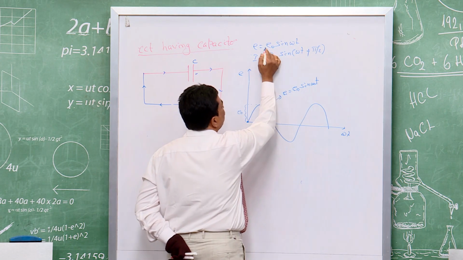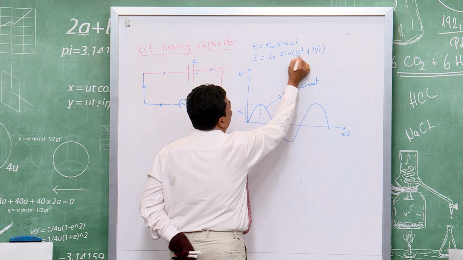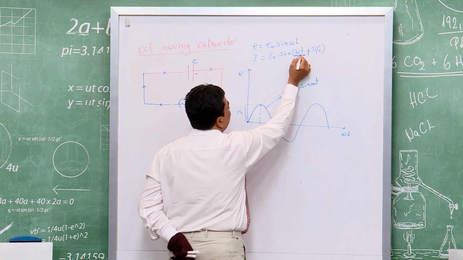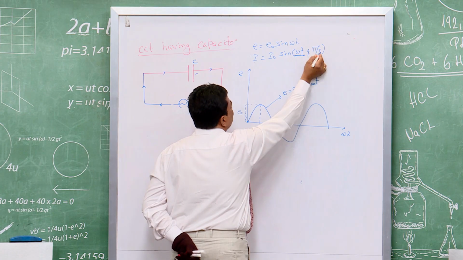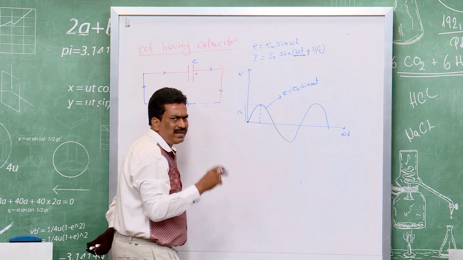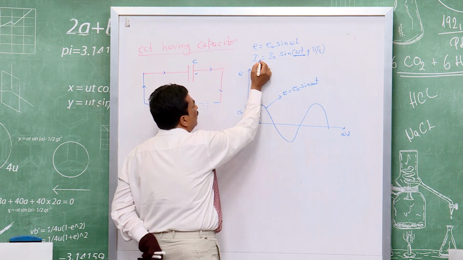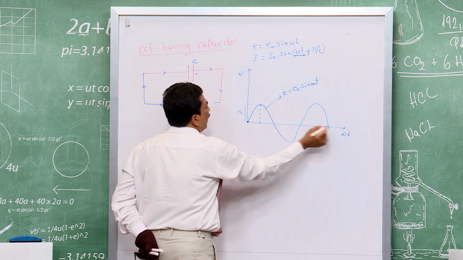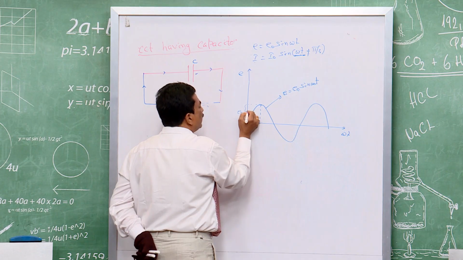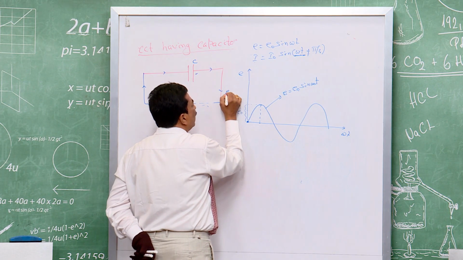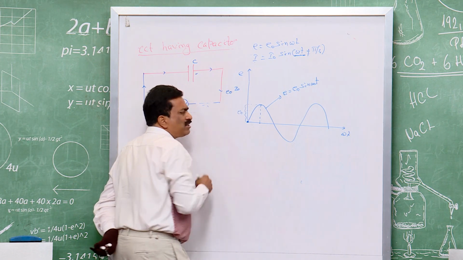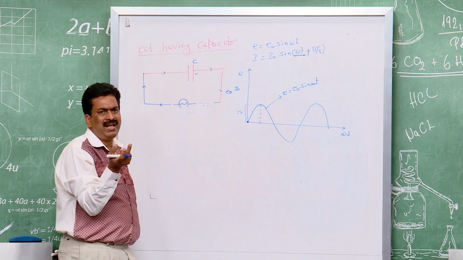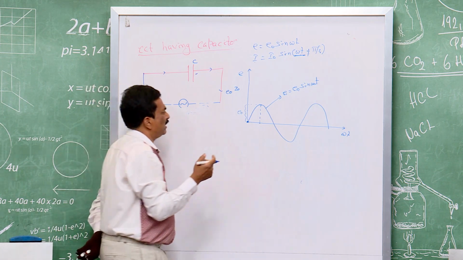At the same time, if we go for I, when omega t is 0, sin(0 plus 90) is sin 90, which is equal to 1. So I is equal to I0 at omega t equal to 0. But we know that out of E0 and I0, E0 is at the greater side and I0 is at the lesser side.